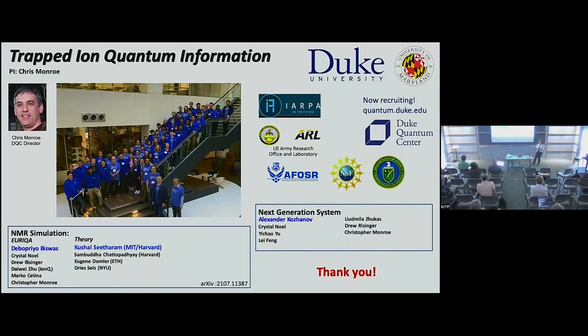There are so many ways you could go. What are the short-term plans? In the short term, we are thinking about this reordering problem, because once you add coolant ions that are a different species, if the chain reorders and your qubits and coolants are in a different order, this can cause problems for your gates. So we have to think about how to put them back in order. That's in the very near term. The next system will take some time to come to fruition, but we'll see when we get there.